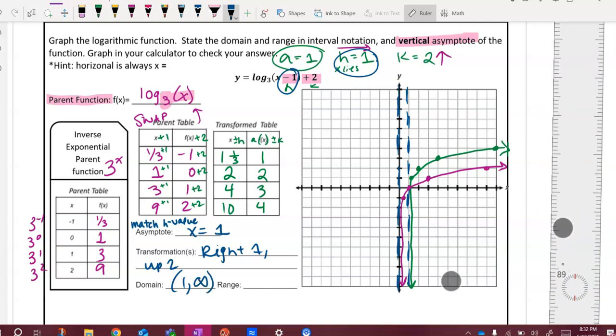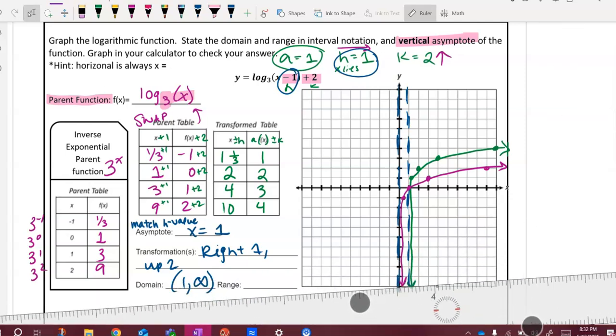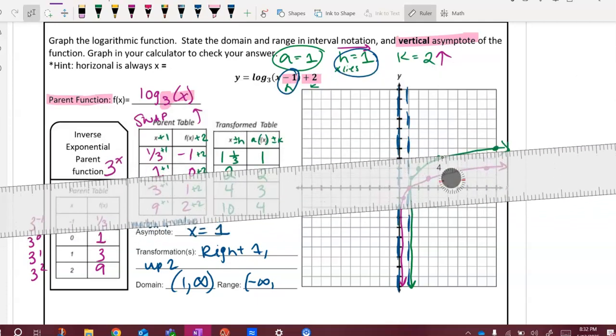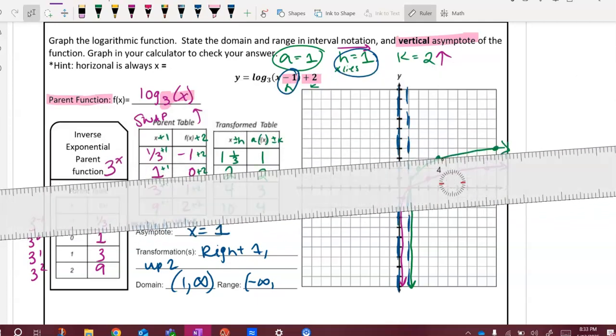Our range, we start from the bottom. We see that arrow, so it ends at negative infinity. As we go up, we see that arrow again. And although it looks like it's pointing to the right, it is going to the right, but it is microscopically moving upwards as well, up towards infinity.